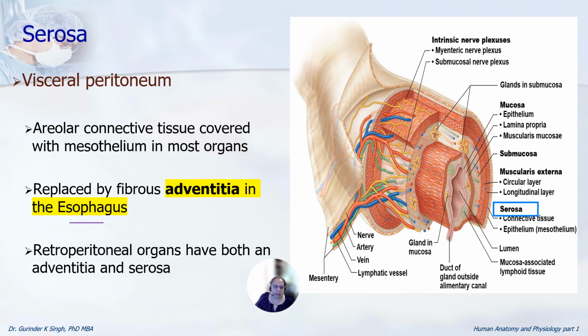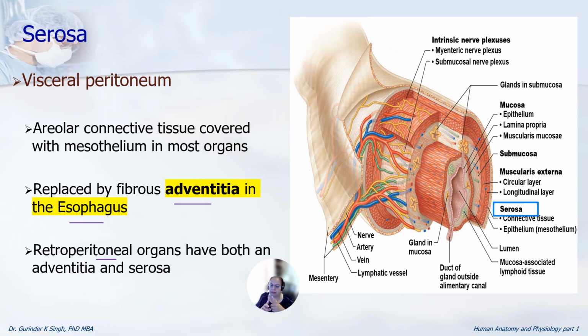In your esophagus, this serosa is actually replaced by very thick fibrous connective tissue, and we call that an adventitia. Okay, so only in the esophagus. Another place we see it, as well as in the esophagus, is retroperitoneal organ parts, just to reinforce and protect that part of the digestive tract.